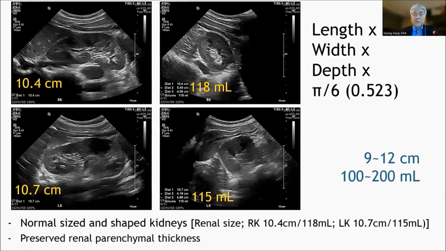This volume information is much more useful than the length information only in following the patients with medical renal diseases. In general, normal length is between 9 to 12 centimeters, while normal volume is between 100 and 200 milliliters.